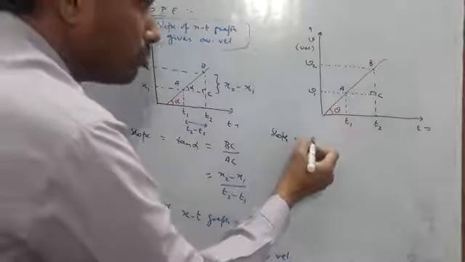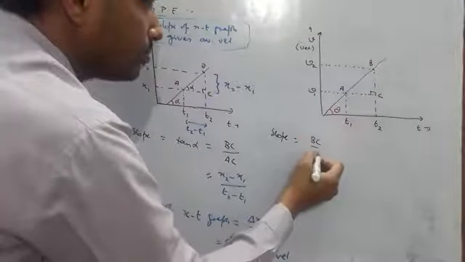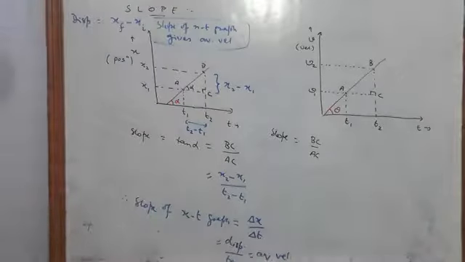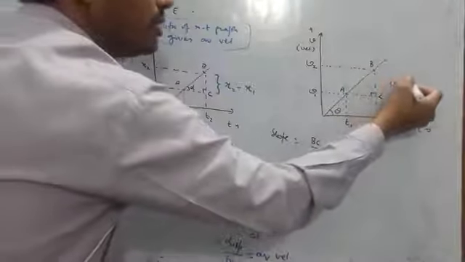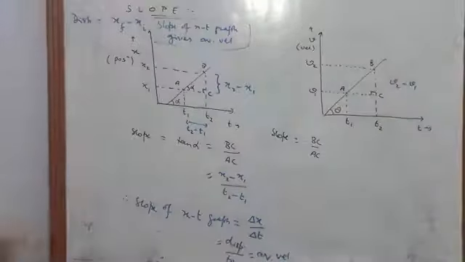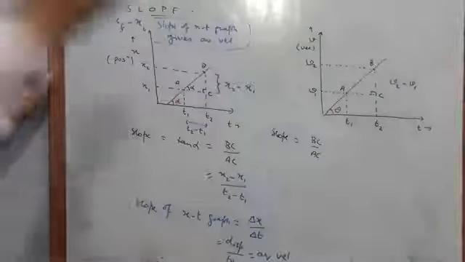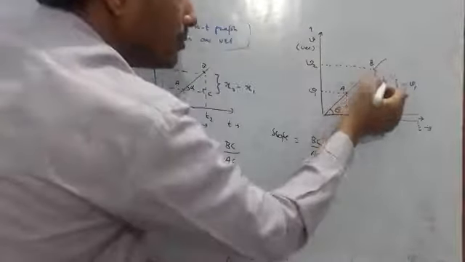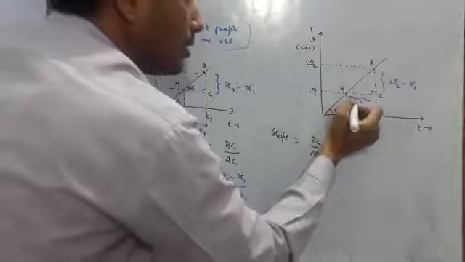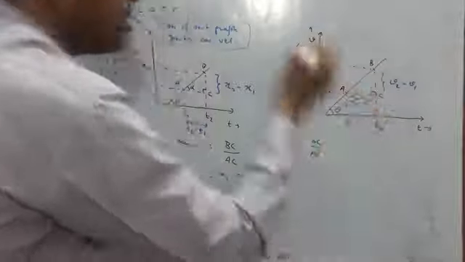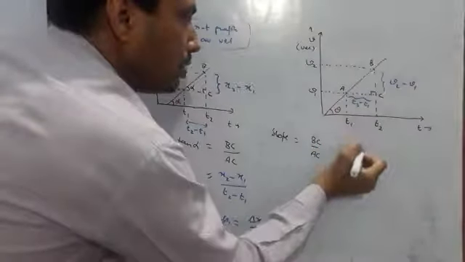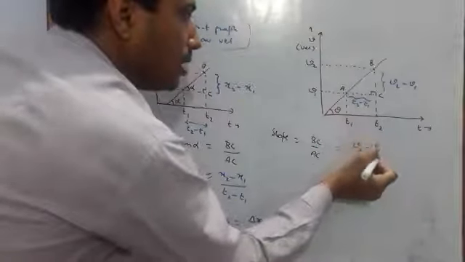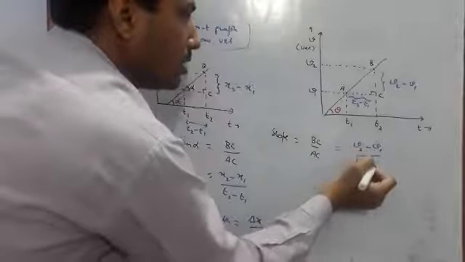Now we can easily find the slope. Slope will be equal to how much, students? BC upon AC. Now as we have discussed here, quickly you can tell me what is BC. So BC will be this minus this, that is V2 minus V1. And what will be AC? AC will be T2 minus T1. So instead of BC, we will put V2 minus V1, and here we will write T2 minus T1.